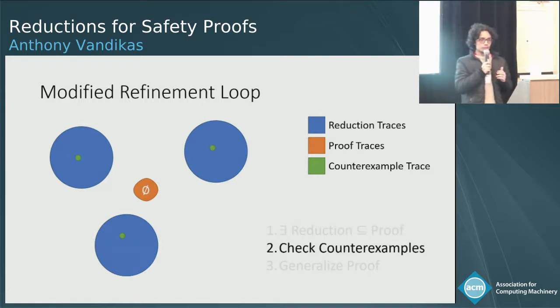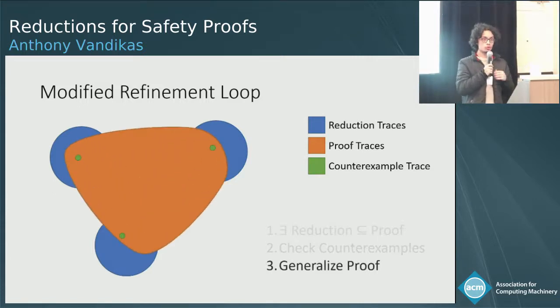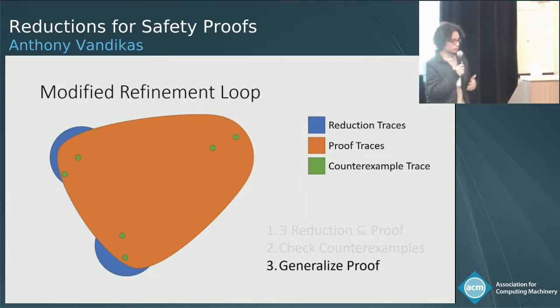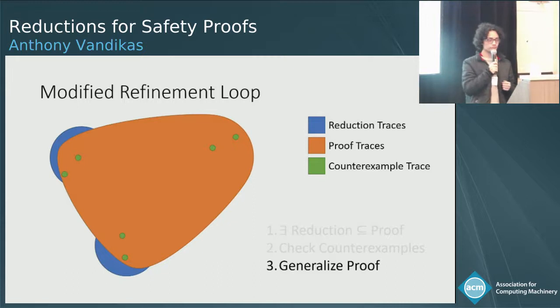And for each counterexample, we check, are they correct? If they're all correct, we generalize the proof over all of them and try again. We repeat these three steps until one of the reductions is covered by the proof. And once one of the reductions is covered by the proof, we know that our original program is correct.